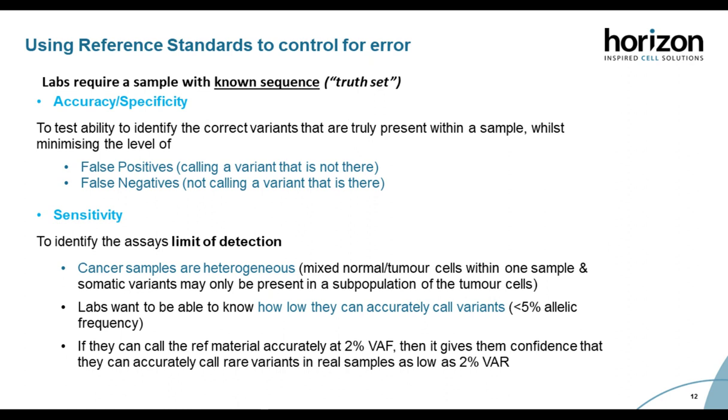This means that labs want to be able to know how low they can accurately call variants. And we see our clinical labs looking at around 5% allele frequency. If labs can call the reference standard accurately at, for example, 2% variant allele frequency, then it gives them confidence that they can accurately call rare variants in real samples as low as 2% variant allele frequency.